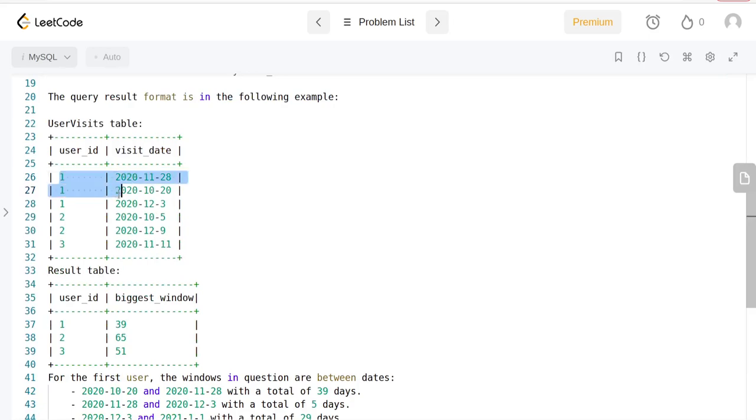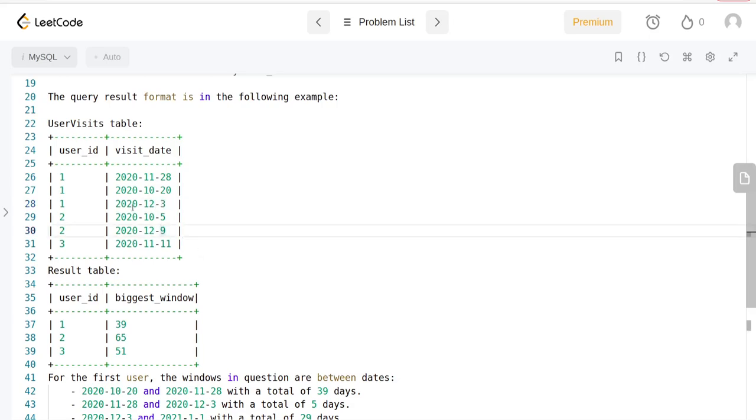These are the table entries and these are the results. This person visited on November 28th of 2020. He also visited in October of 2020, and also in December of 2020. So this person visited 3 times, and today, as we were told in the question, is January 1st, 2021.